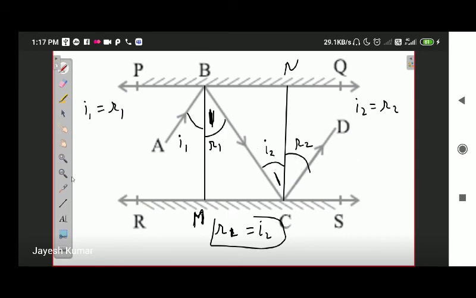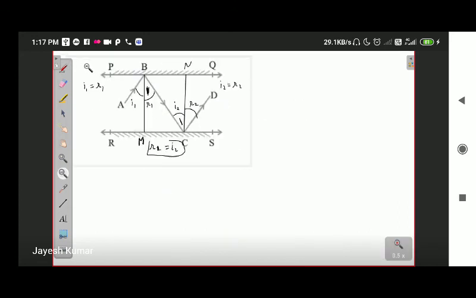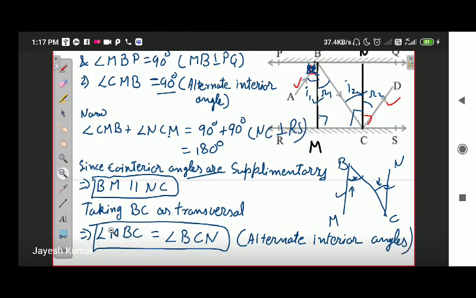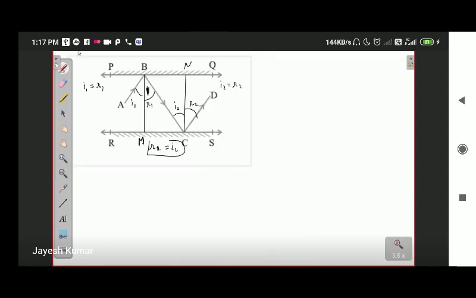Okay. Let me write it in this way. We have already proved that angle MBC and BCN are equal. I will mark that as equation 1.